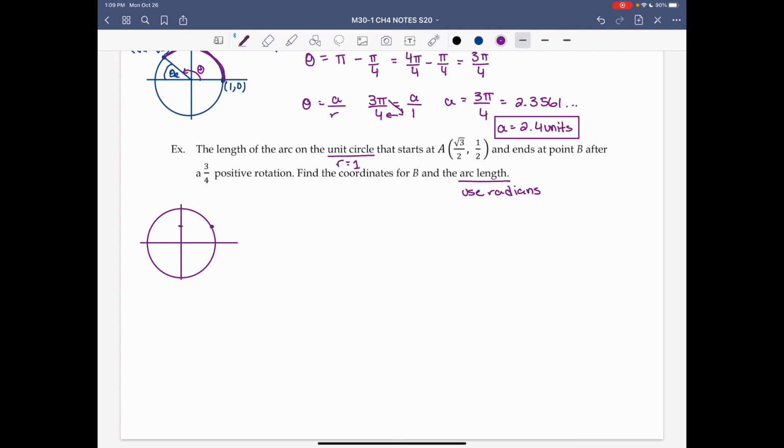So I go to Y 1/2, put a dot across from there, join my origin to that dot, and there is point A. I need to know the angle for point A. I know that it's going to be my 30, 60, 90 special triangle because I have root 3 over 2 and 1/2. So I can draw my 30, 60, 90 special triangle.